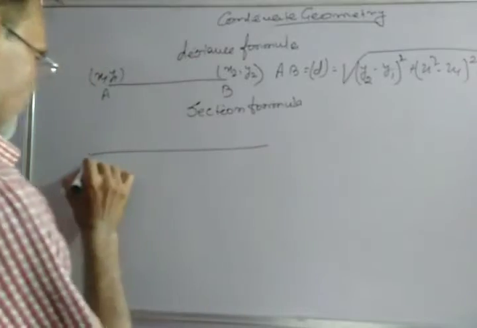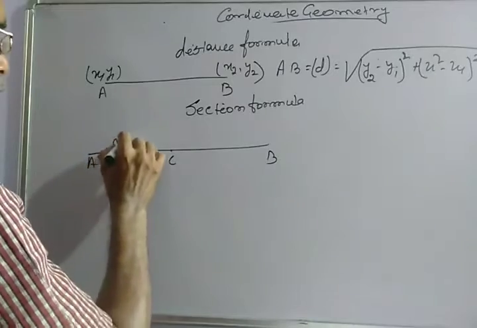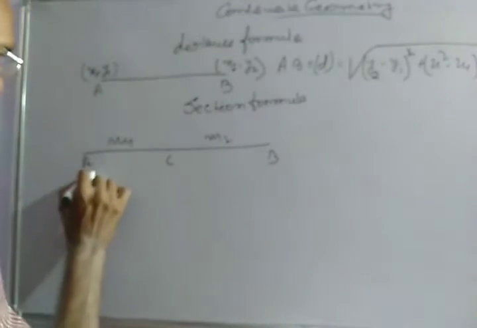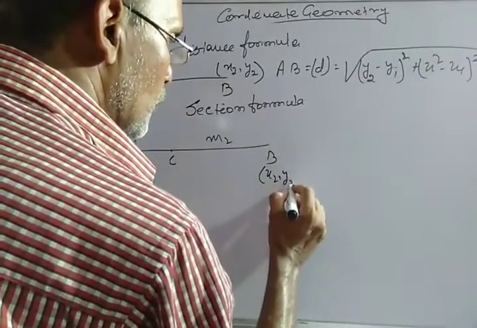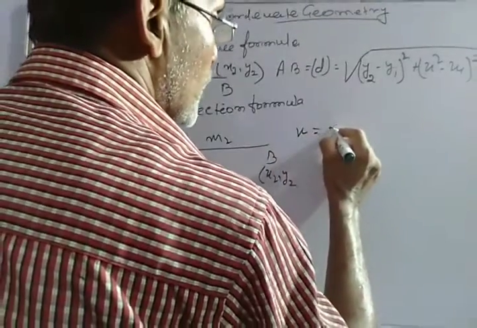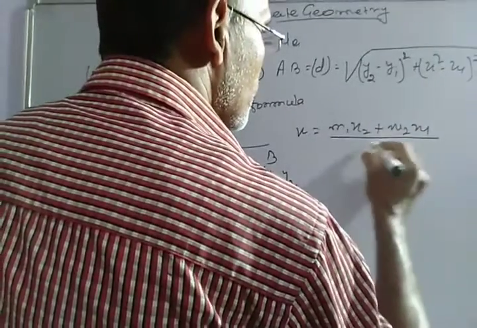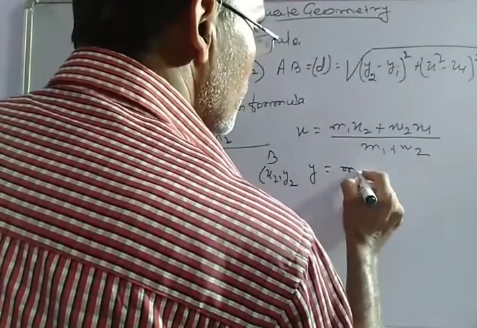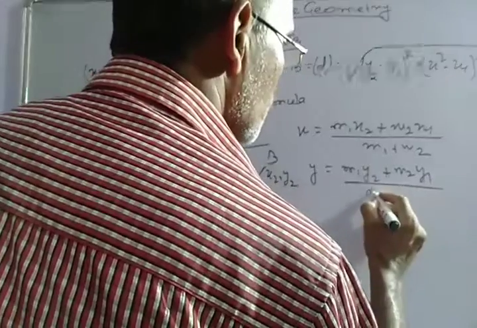If a line AB is divided by a point C in the ratio m1 and m2, and the coordinates of A are (x1, y1), B are (x2, y2) and C is (x, y), then x is equal to (m1 x2 plus m2 x1) by (m1 plus m2), and y is equal to (m1 y2 plus m2 y1) by (m1 plus m2).